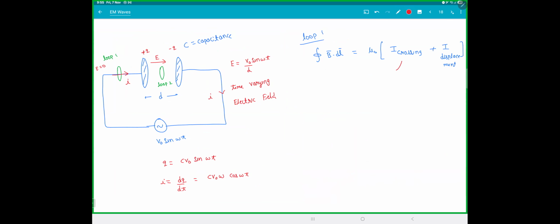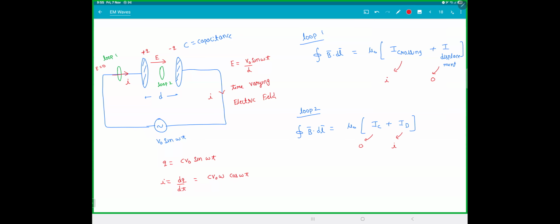So for loop 1, I crossing is I, which is dq by dt, and I displacement is 0. For loop 2, integral B dot dl is mu naught times I crossing plus I displacement. I crossing is 0, I displacement is I only.